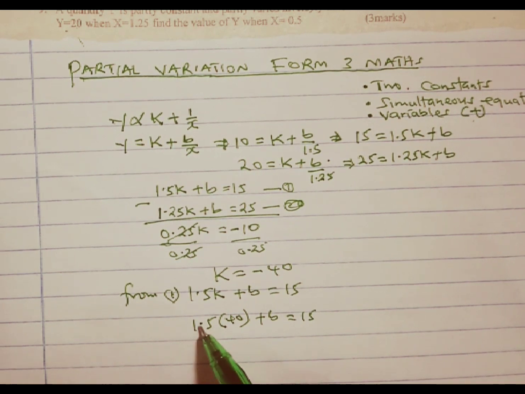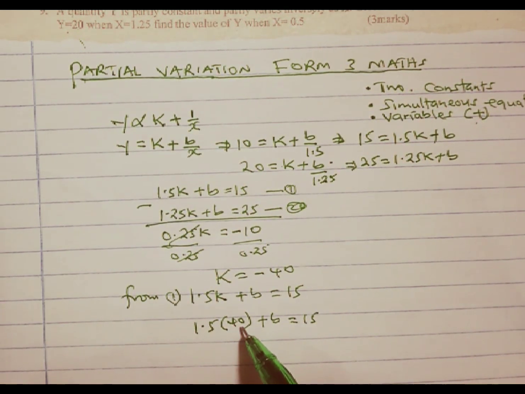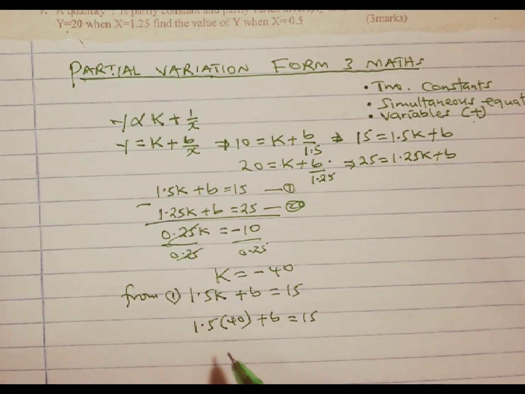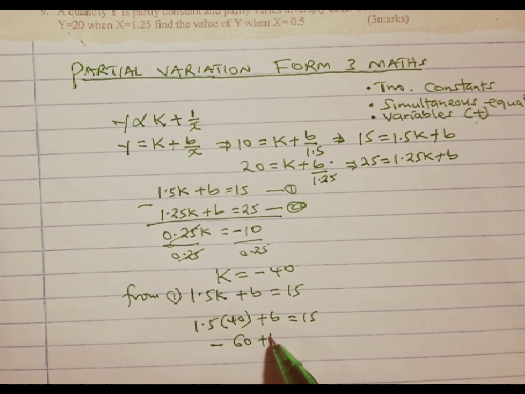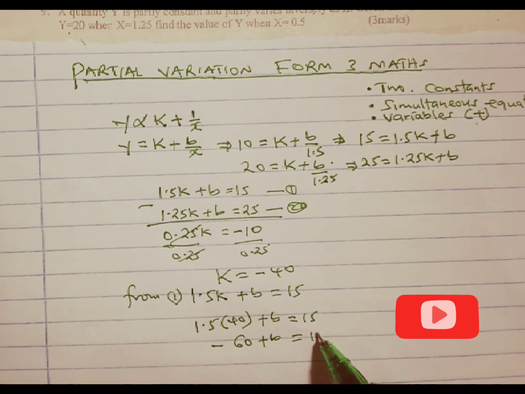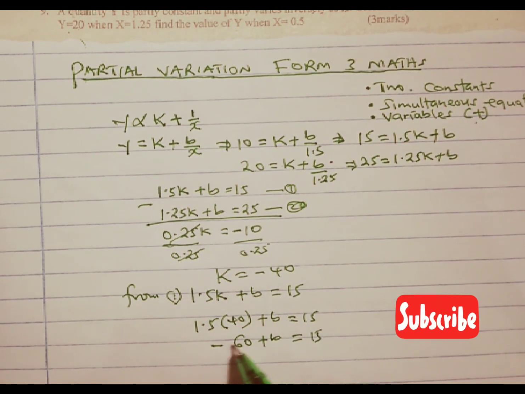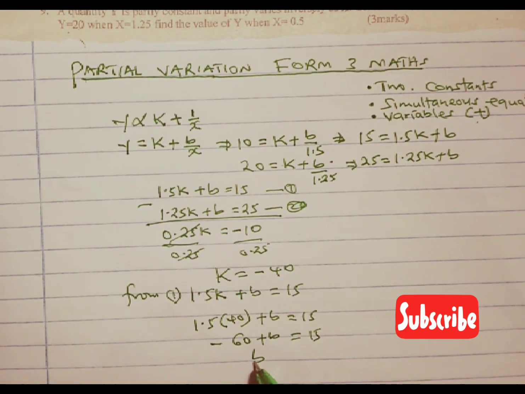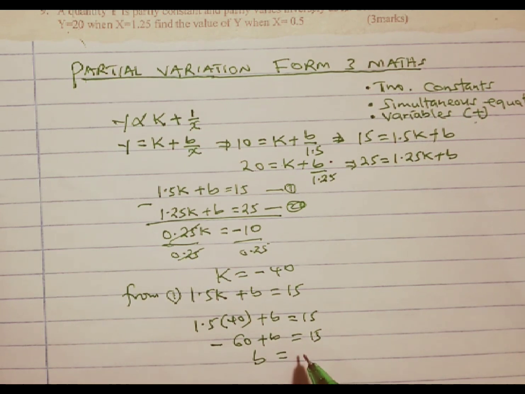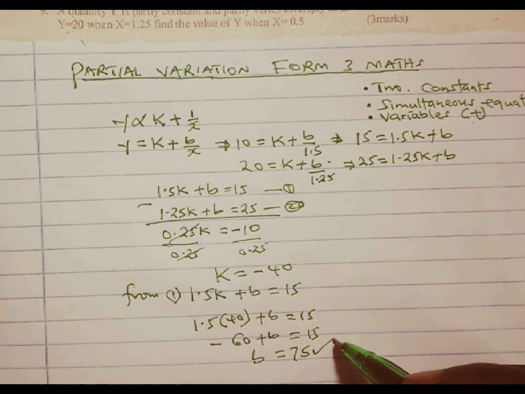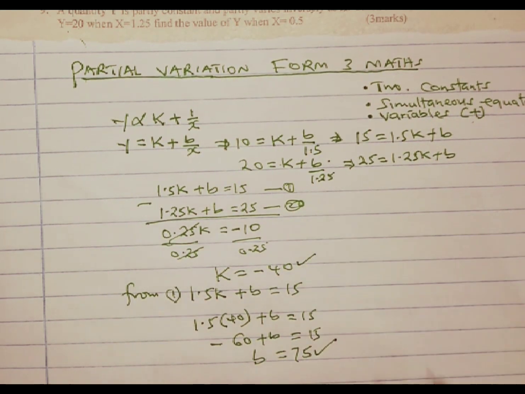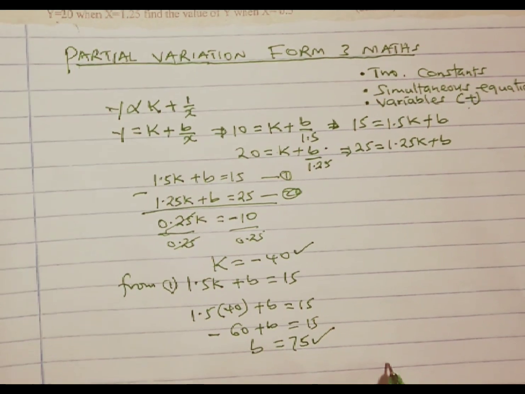If you take 1.5 times 40, this one is going to give us negative 60, plus b being equal to 15. If you take negative 60 to the other side, the value of b is going to be equal to 75.